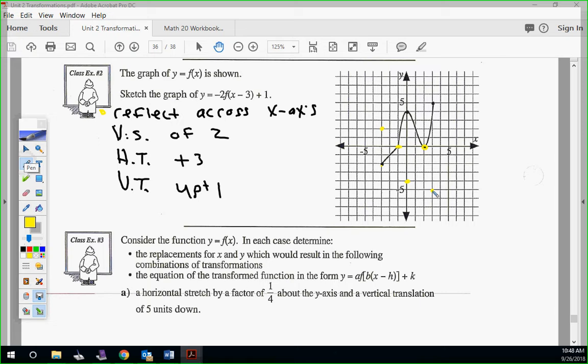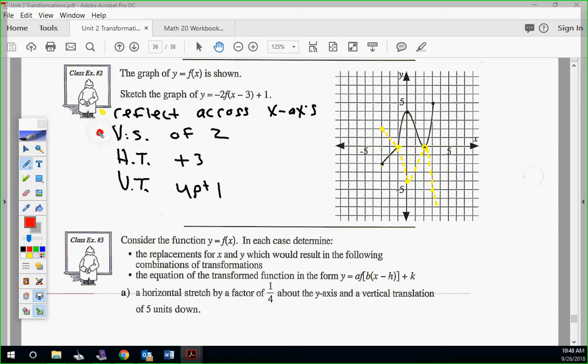Roughly, it's going to look like that after I do the reflection.